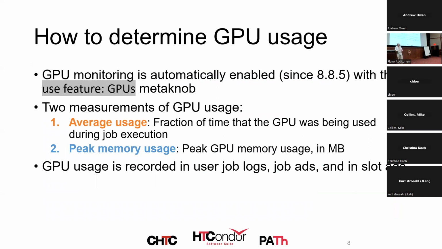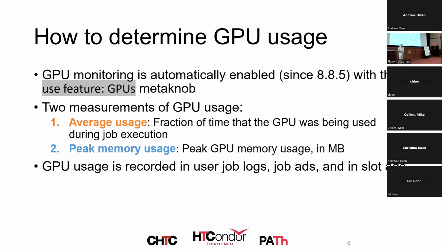All right, so my job ran. What did it actually do? For a long time now, I think going back to HTCondor 8.8.5, if I read the release notes correctly, we include GPU monitoring with the use feature GPUs meta knob. And this provides you, whether you're a user or an admin, with two measurements of GPU usage.